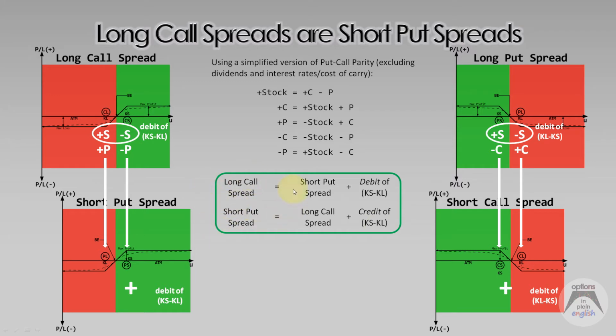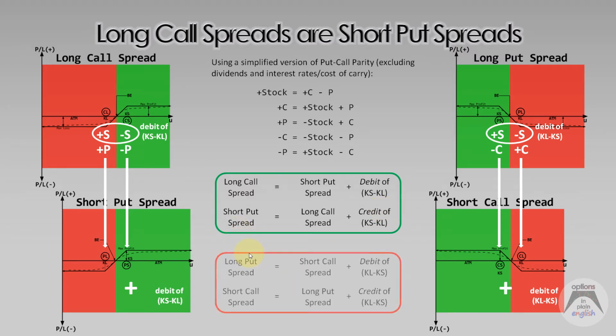Okay, so as you can see, one is the same as the other with just a fixed component, which turns one of them from a debit into a credit and vice versa. On the bearish side, we have a long put spread being the same as a short call spread plus a debit of the distance between strikes. And solving for the short call spread is going to be the same as a long put spread plus a credit of the distance between strikes.